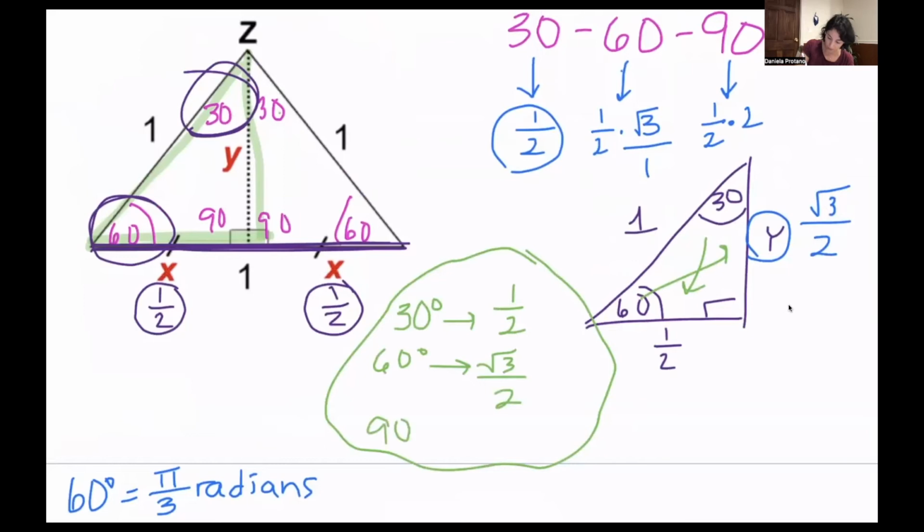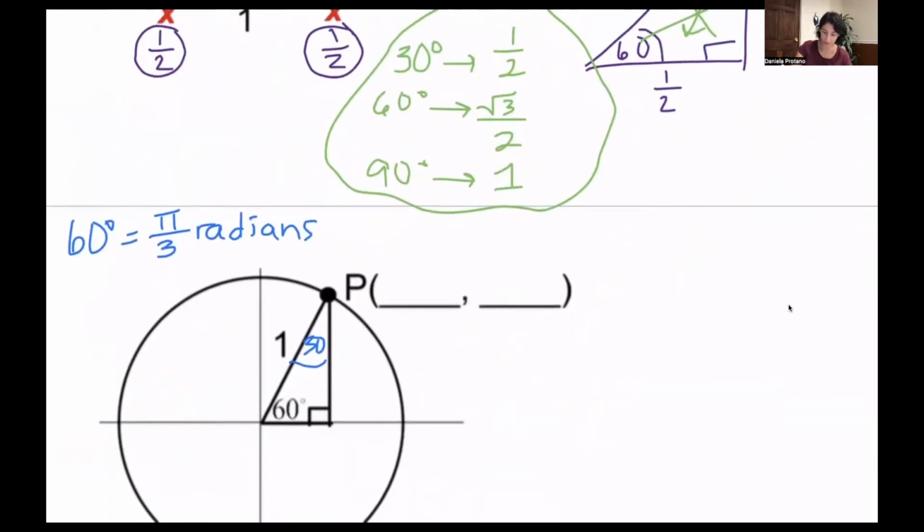And across from the 90-degree angle was 1. So this is going to be our little cheat sheet. When I label this right triangle, across from the 30 degree, this has to be 1/2. Across from the 60 degree was square root of 3 over 2. And across from the 90-degree angle was 1, which we already know.